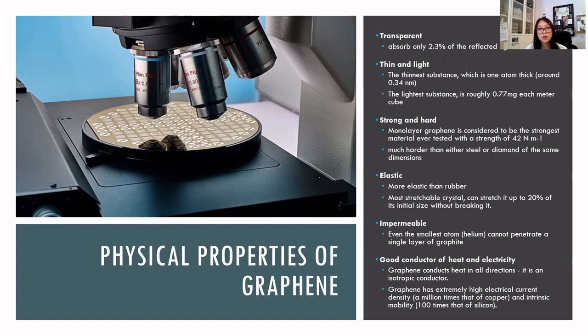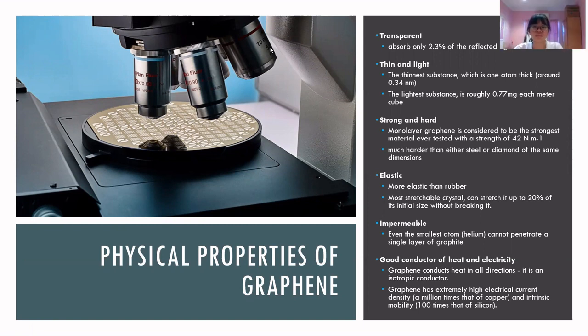And it is strong and hard as well. Monolayer graphene is considered to be the strongest material ever tested, with a strength of 42 Newton per meter, and it is much harder than either steel or diamond of the same dimension.